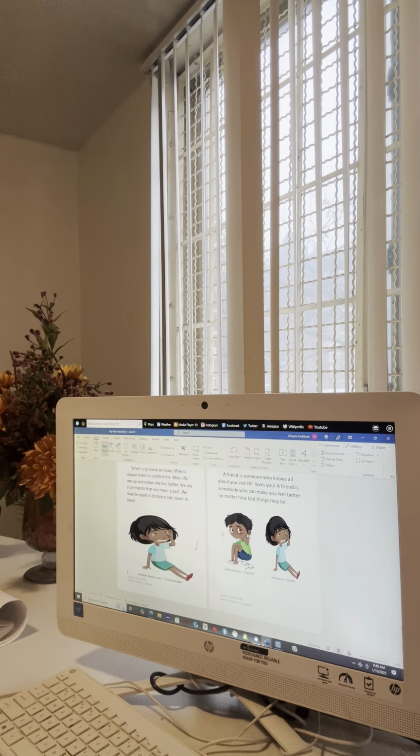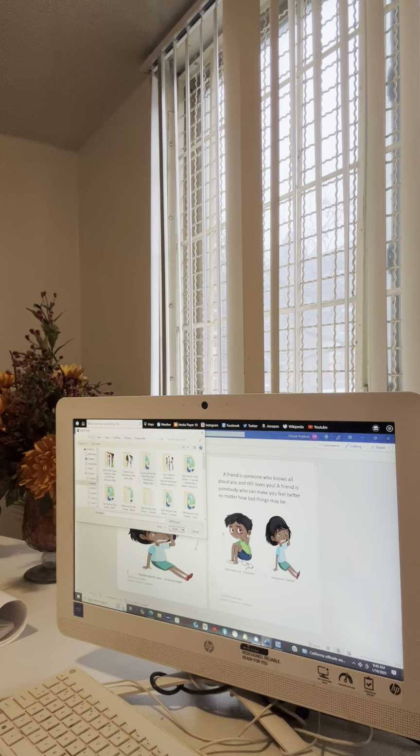If I click on my pictures, then this window will drop down. Give it a little time, because this is a slow computer. When this window drops down, it gives me everything that I've saved on the computer.